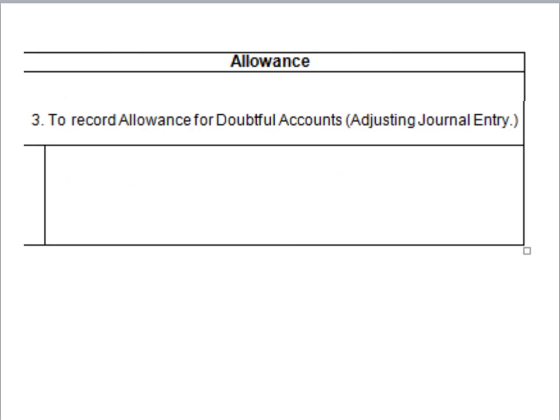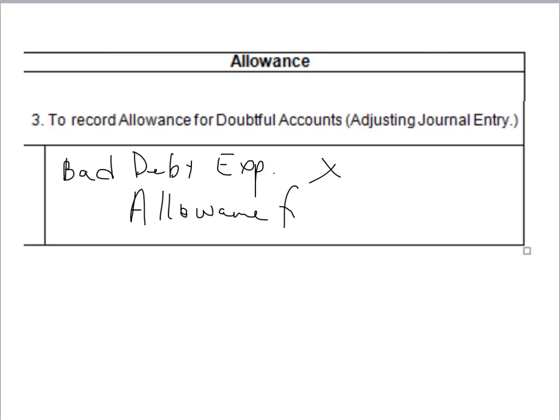We're back to our adjusting journal entry at the very end of the year when we need to record your regular allowance, and we simply would debit bad debt expense for an X amount and record my allowance for the upcoming year.